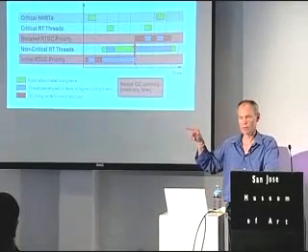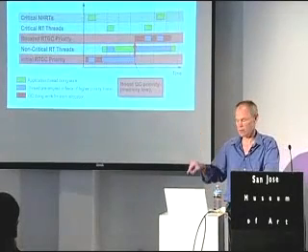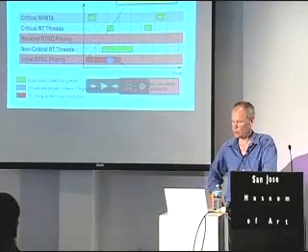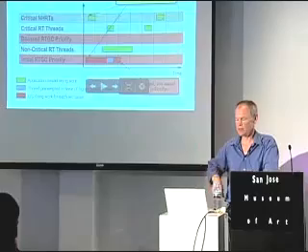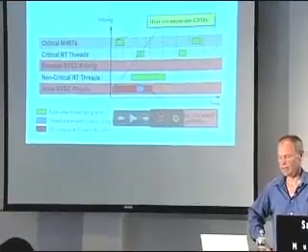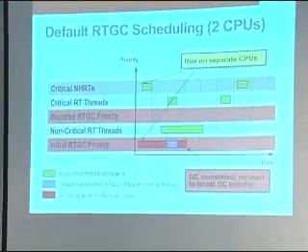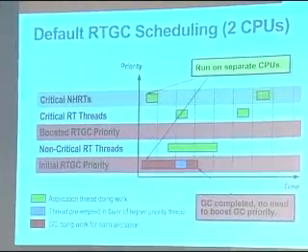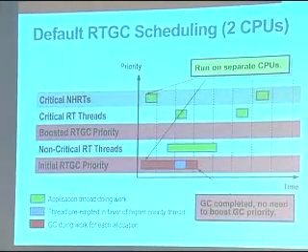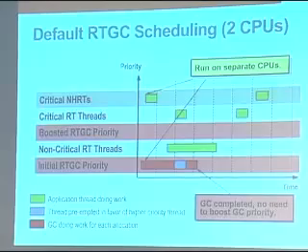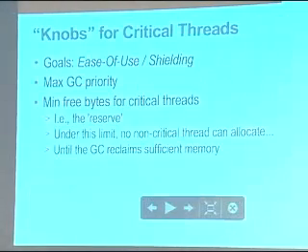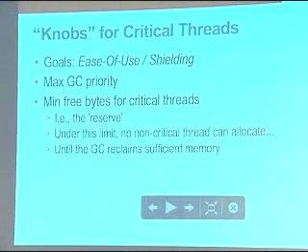The time critical threads are always going to preempt it, though. On a 2 CPU system, notice that the critical NHRT and the RTGC are executing at the same time on different CPUs. And so the GC can get done a little bit earlier.